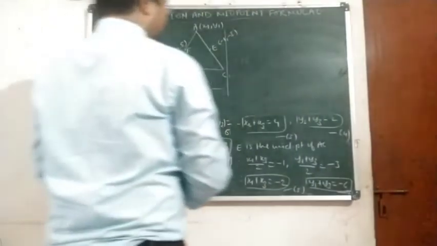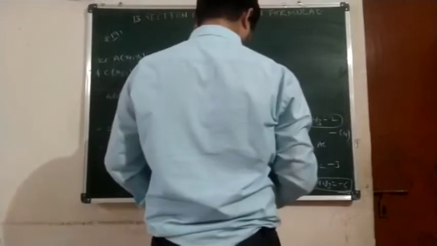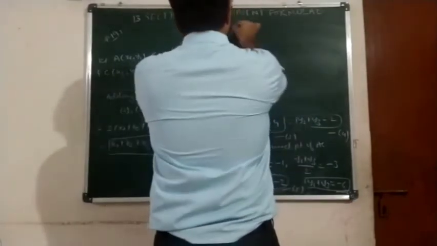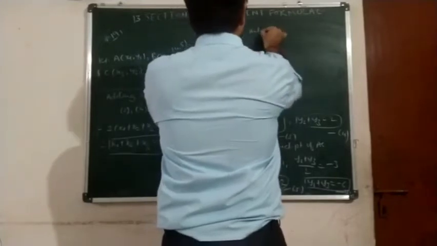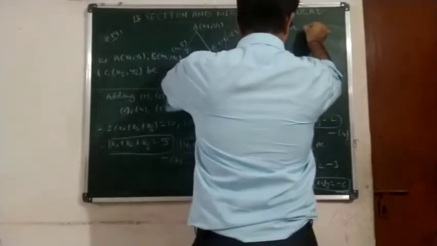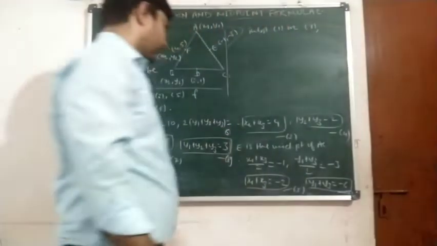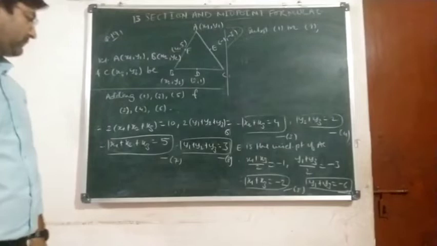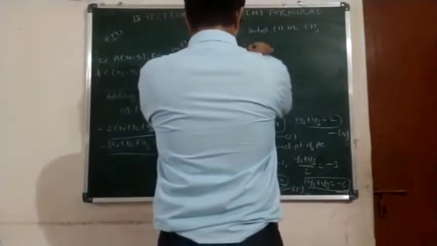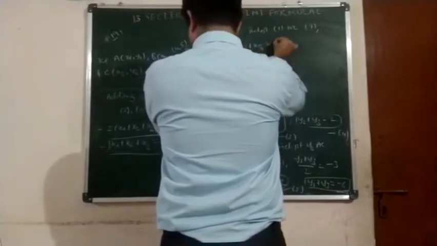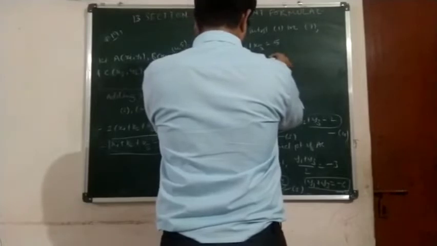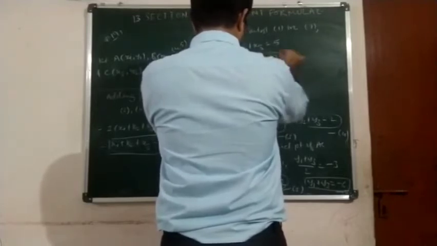Substituting equation 1 in 7, what was the value of x1 plus x2? That was 8. Yes or no? So 8 plus x3 is equal to 5, and therefore x3 is equal to 5 minus 8, we will get minus 3.